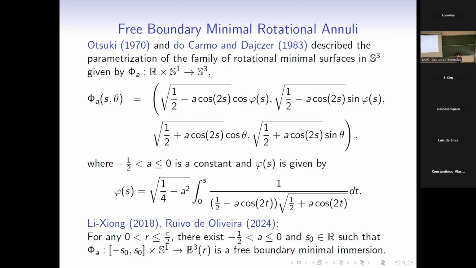in our spherical caps. So in our next result, we characterize these rotational minimal annuli as the only ones that can be immersed in a spherical cap by first eigenfunctions, similar to the case of Fraser-Schoen for the critical catenoid.